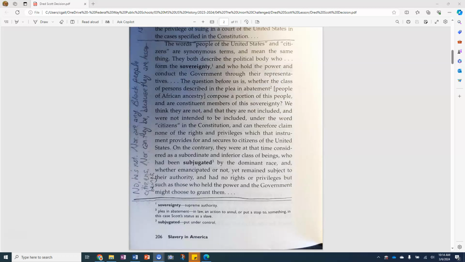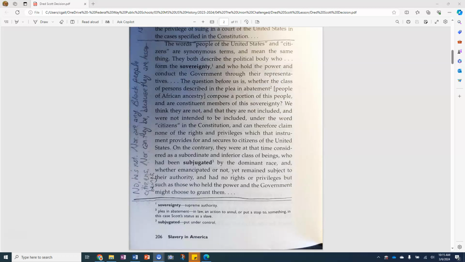The question before us is whether the class of persons described in the plea of abatement, people of African ancestry, compose a portion of this people and are constituent members of this sovereignty. We think they are not, and that they are not included, and were not intended to be included, under the word citizens in the Constitution, and can therefore claim none of the rights and privileges which that instrument provides for and secures to citizens of the United States.